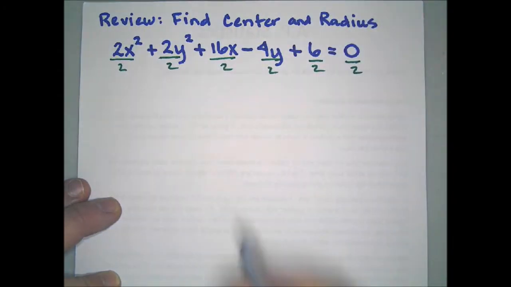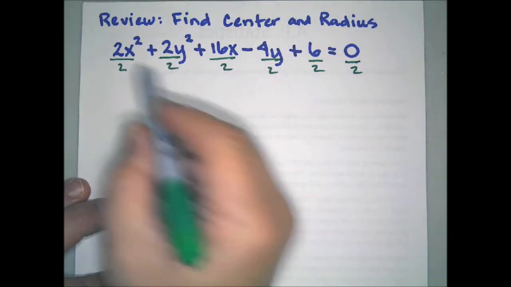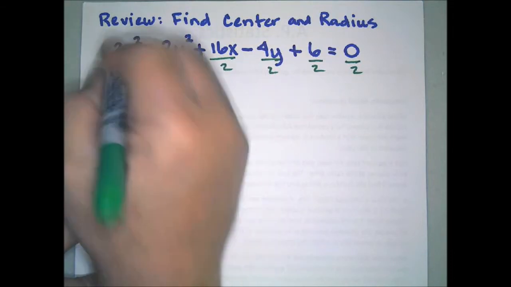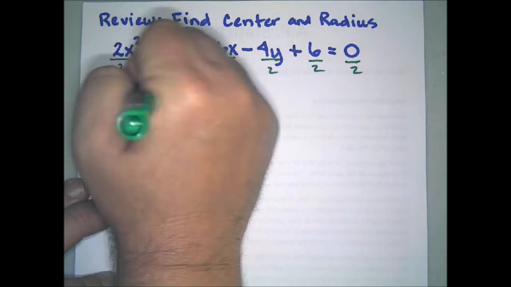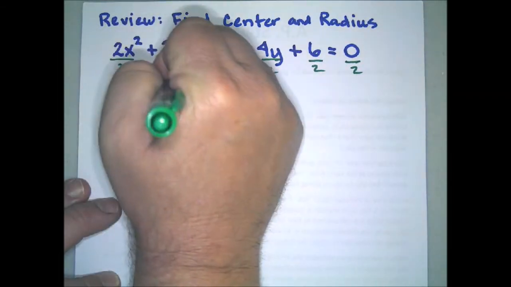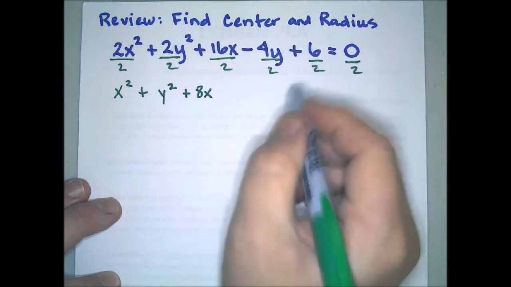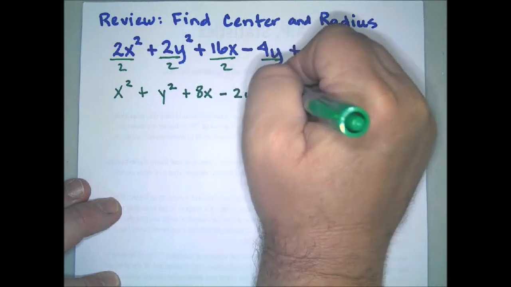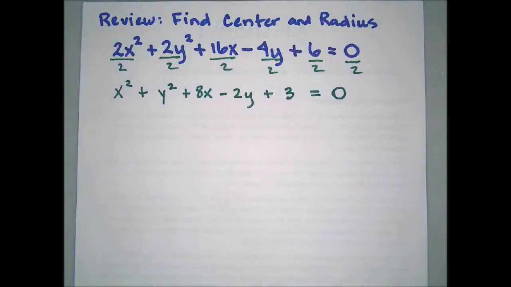Now what that's going to do is it's going to make the equation of the circle have leading coefficients of 1 for the x squared and the y squared. I'm going to go x squared plus y squared plus 8x minus 2y plus 3 equals 0. So every single term got divided by 2.